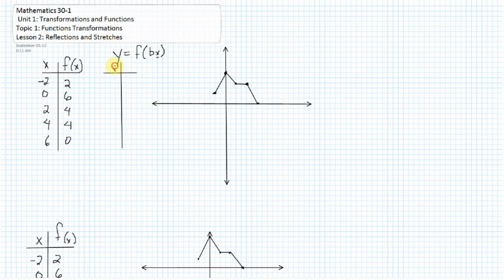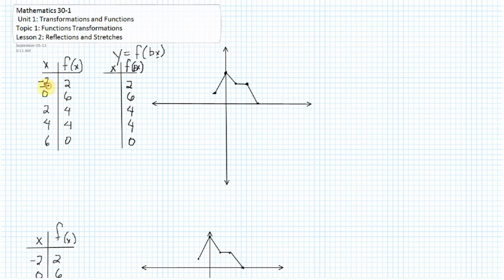We have x, and this is our altered x for our new or stretched function, and our f of x. So we don't want to change our f of x. It's 2, 6, 4, 4, and 0. But we want to ask ourselves, in this altered situation, and I didn't put my b in there, that's f of bx, what x component do I need to produce that same output, or the same y component?